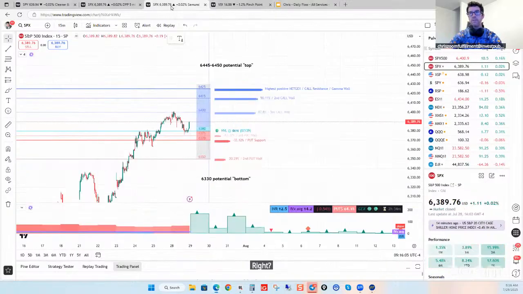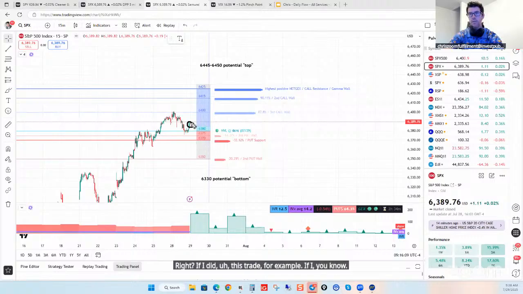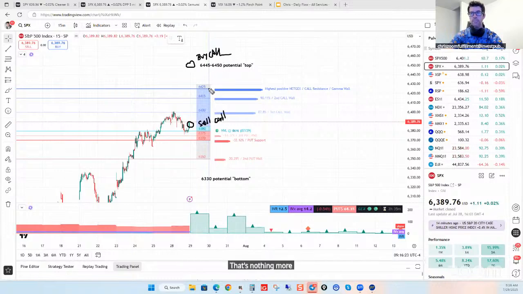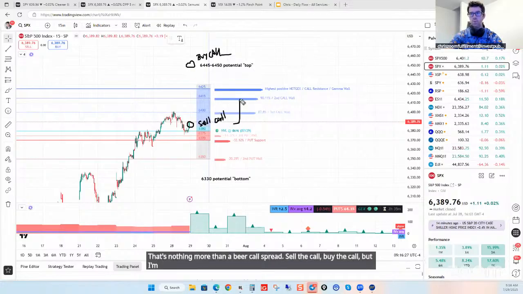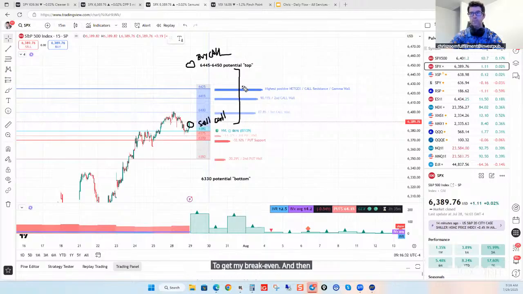If I did this trade, for example, if I sell here for my call, so this would be a sell call, and then my width way up here, I do a buy call. That's nothing more than a bear call spread. Sell the call, buy the call, but I'm trying to go way up here to get my break even. And then if price can't quite get there, I keep the profit.